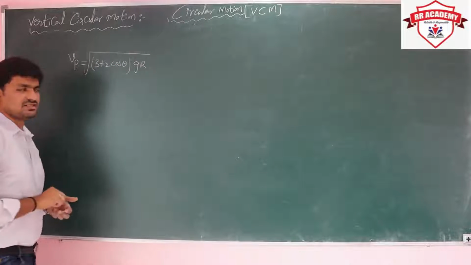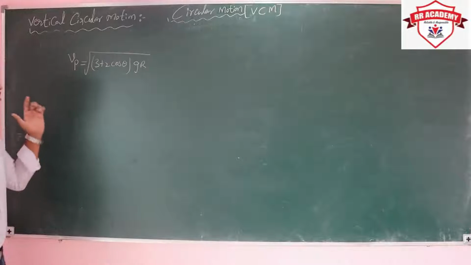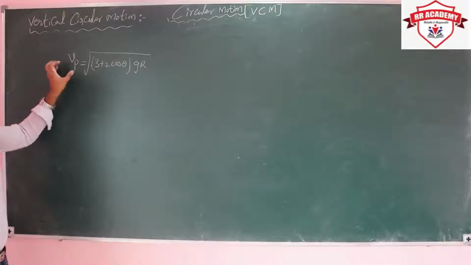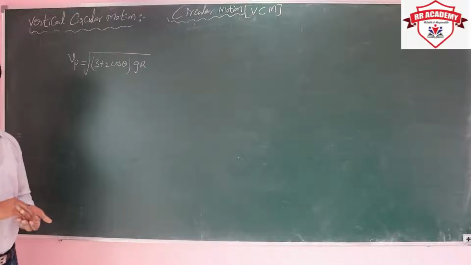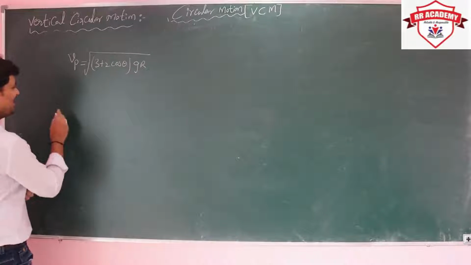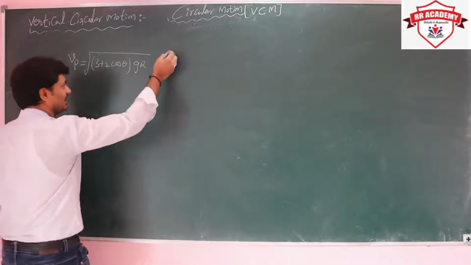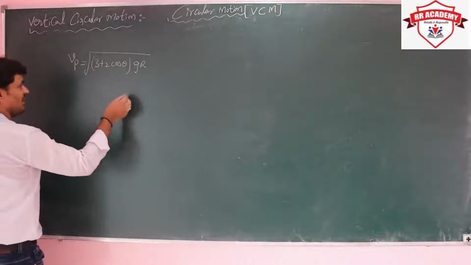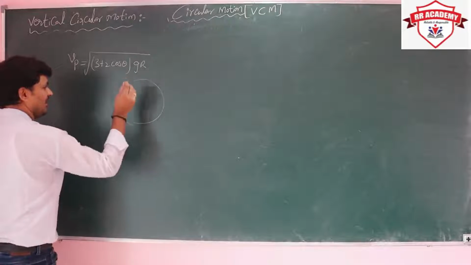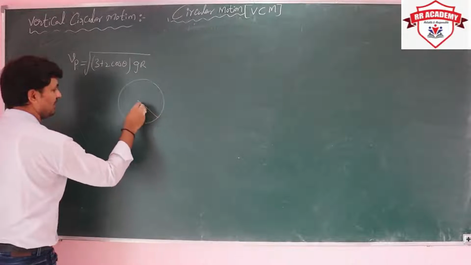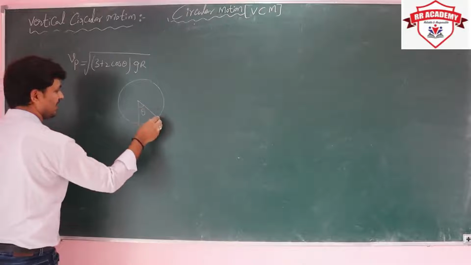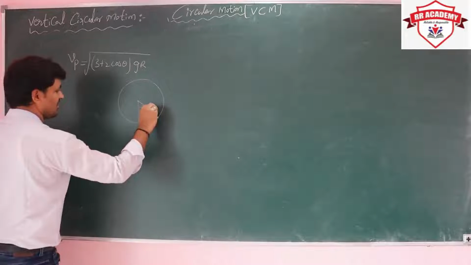Now let us discuss the tension at different points in this condition. In vertical circular motion, take the tension at any point, somewhere making an angle theta. What is the tension at this point?